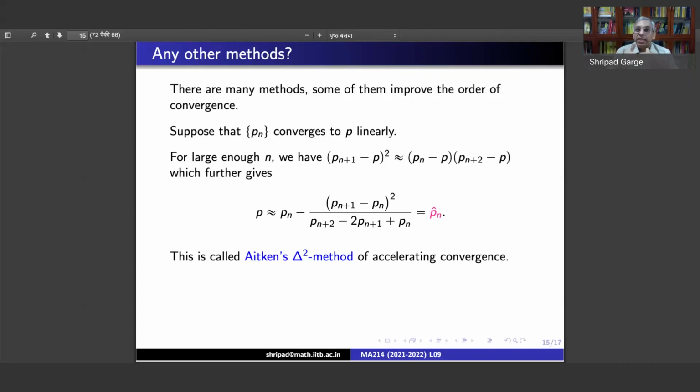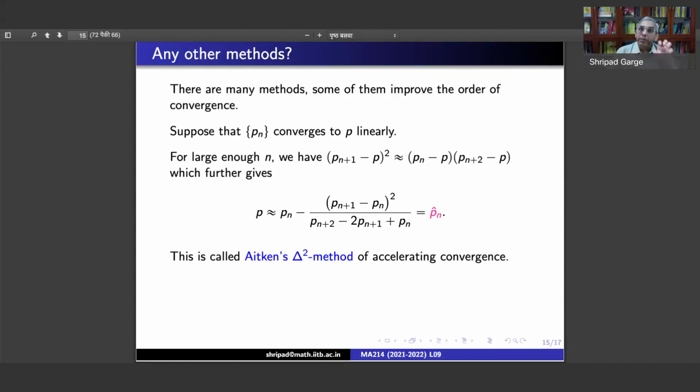So remember, delta of Pn is Pn plus 1 minus Pn, and delta of Pn plus 1 is Pn plus 2 minus Pn plus 1. Then the delta of delta Pn would have to be delta of Pn plus 1 minus delta of Pn, which is what we have in the denominator.